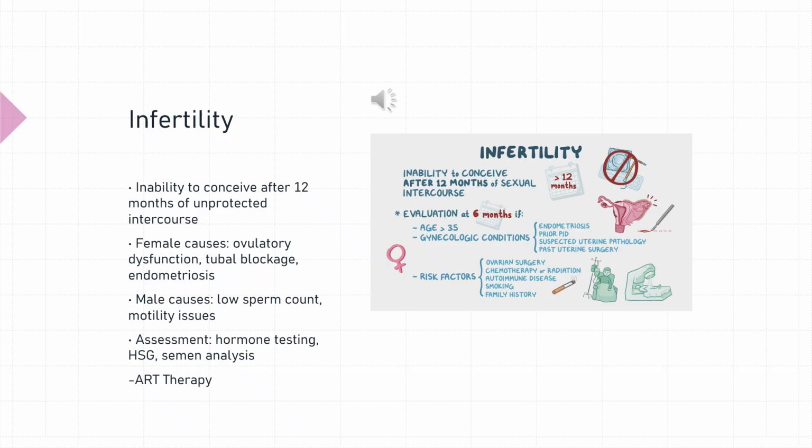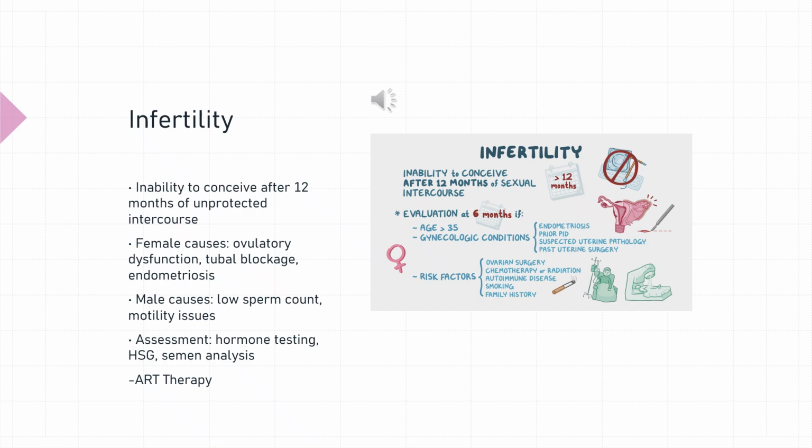These would be things like IVF, in vitro fertilization. This is where eggs are retrieved, fertilized externally, and then that embryo is transferred into the female. IUI, or intrauterine insemination, is another procedure. This is where sperm will be placed directly in the uterus and typically will occur near ovulation.